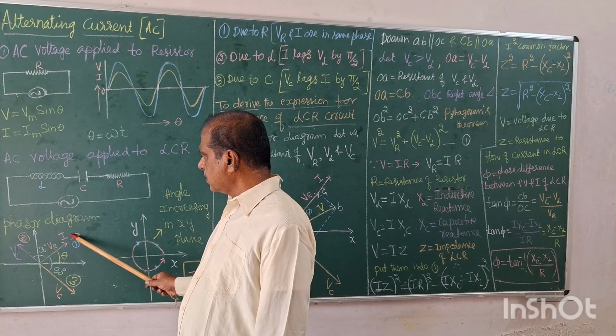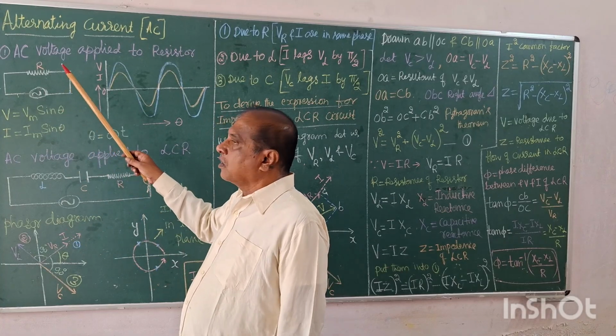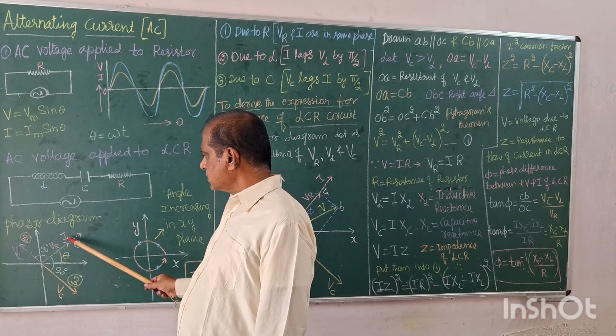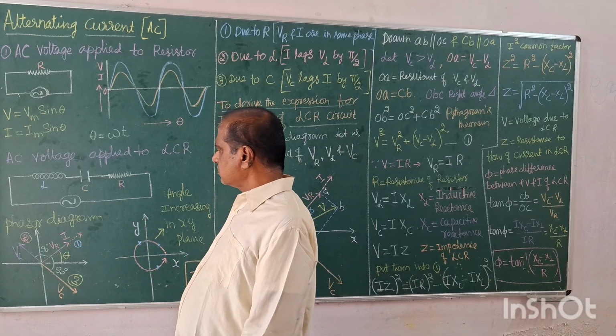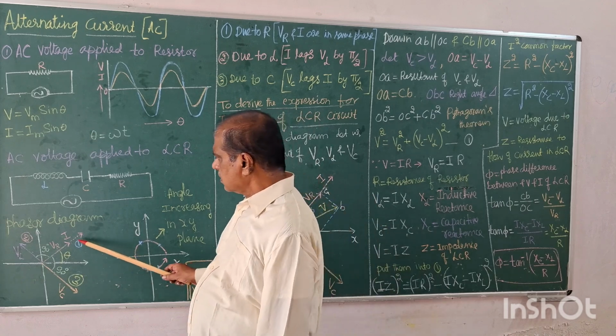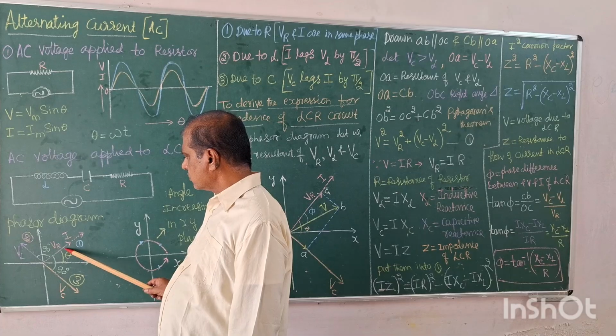Let us say the current angle remains the same. This current remains the same in all the components, the individual components as well as the combined circuit. This is the reference line.